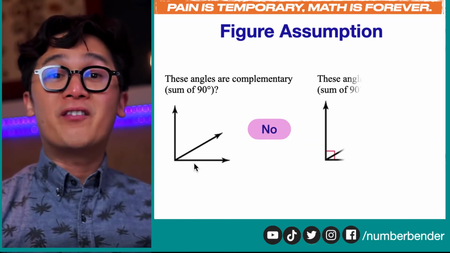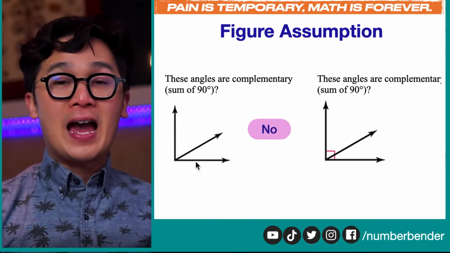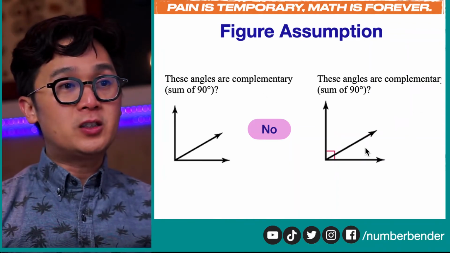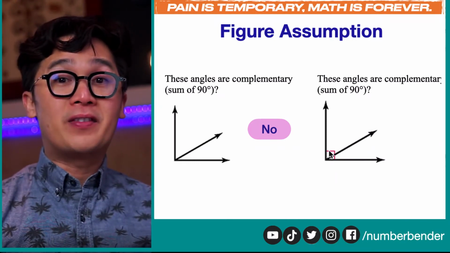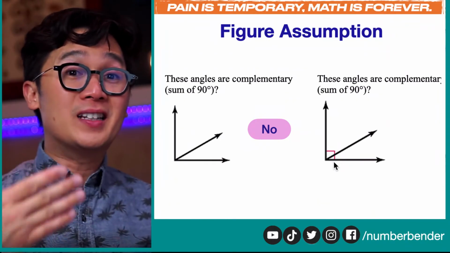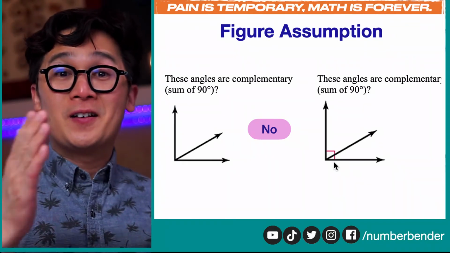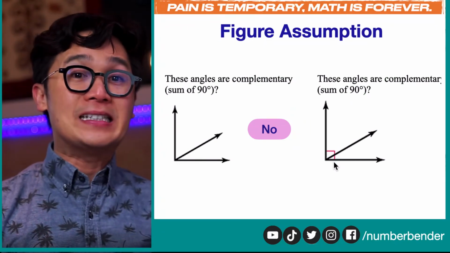But if we have a figure similar to this one, we can confidently say that angle 1 and angle 2 are complementary, because this particular symbol is an agreed upon symbol in mathematics, which could be a postulate or an axiom, that this is a 90-degree angle.